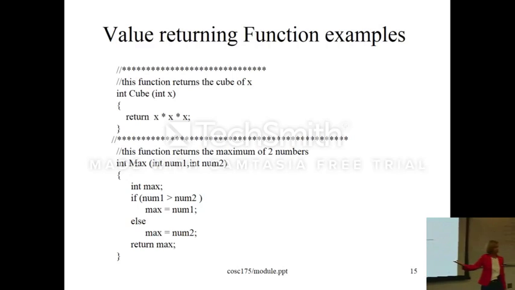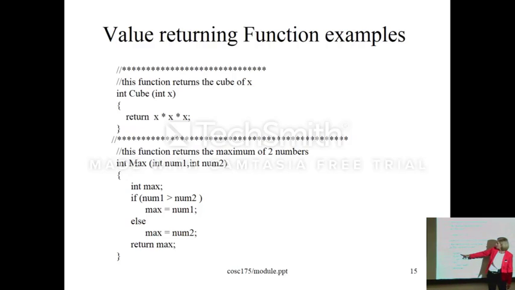The cube of x. Okay? This was the problem we ended with, if you remember, last Thursday. And we pass in 2 numbers, and we determine which one's larger by placing it in max, and then the last line of this function returns max.